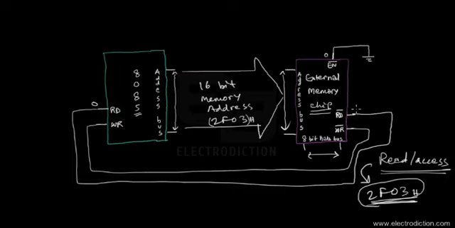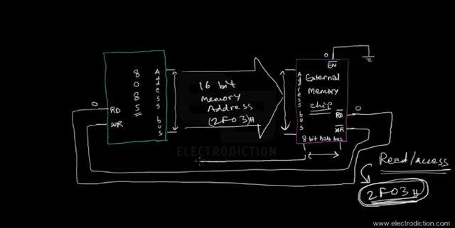Now whenever there is a logic 0 signal on the read pin, since it's an active low input on the memory chip, on receiving this logic 0 signal level on the read bar pin of the external memory chip, and also the 16-bit address on its address lines, the memory chip realizes that the 8085 microprocessor wants to read the data present in its 2F03H address register, and thereby it outputs the entire thing.